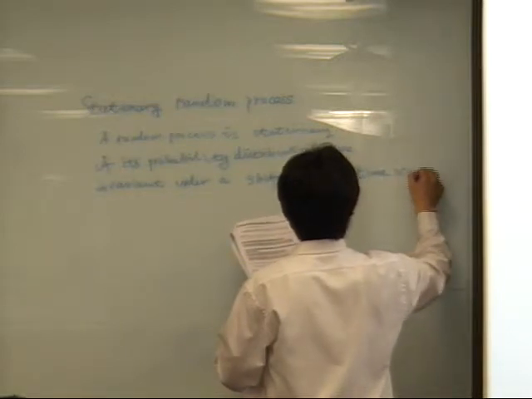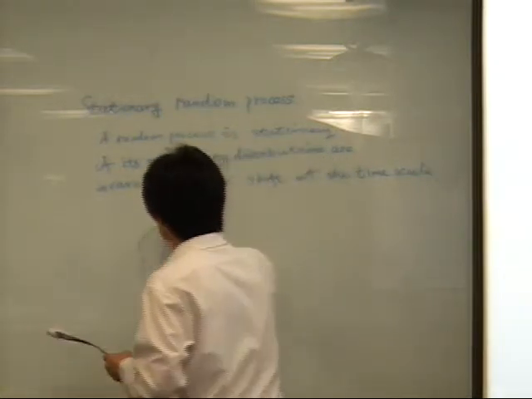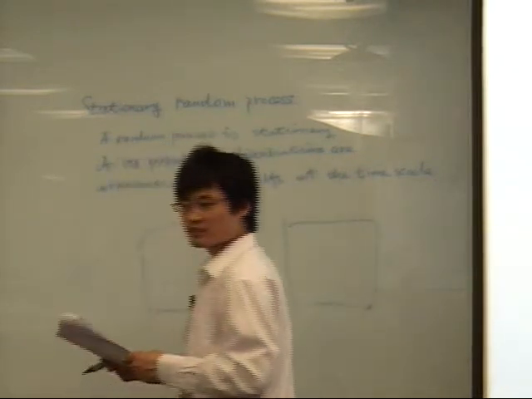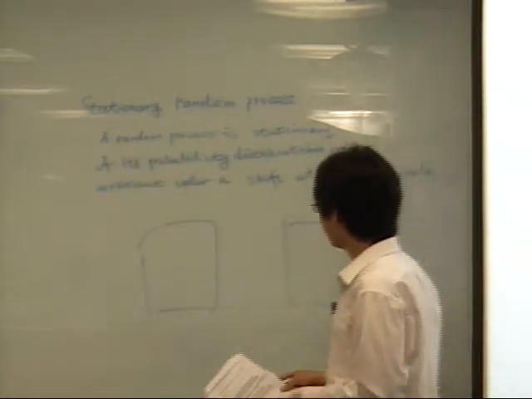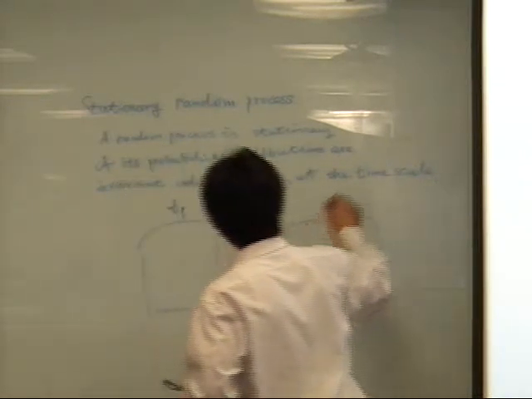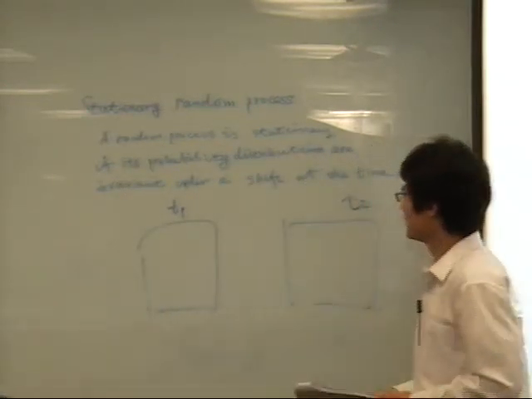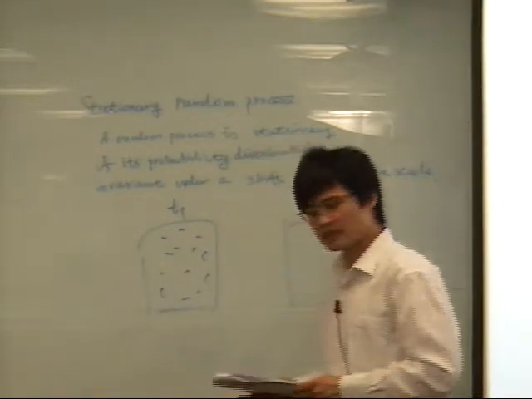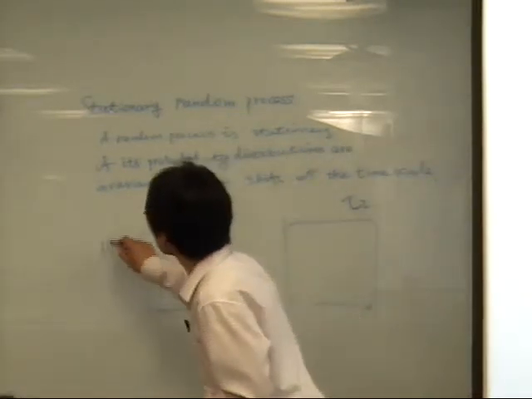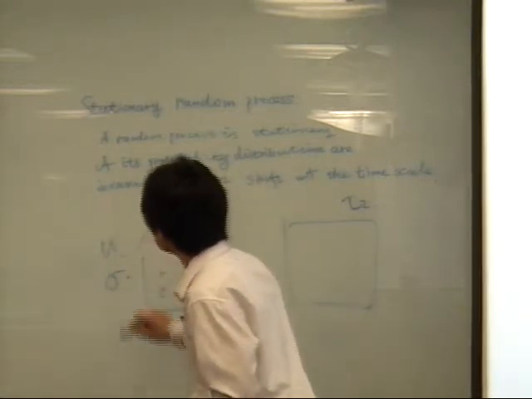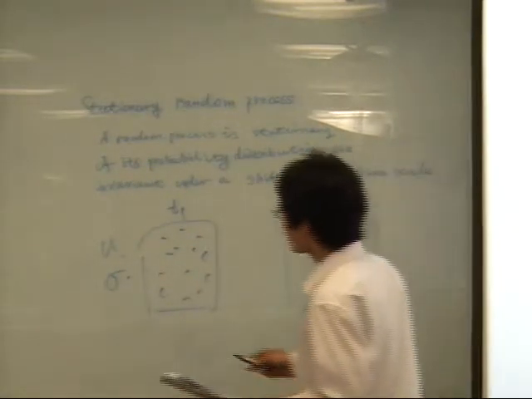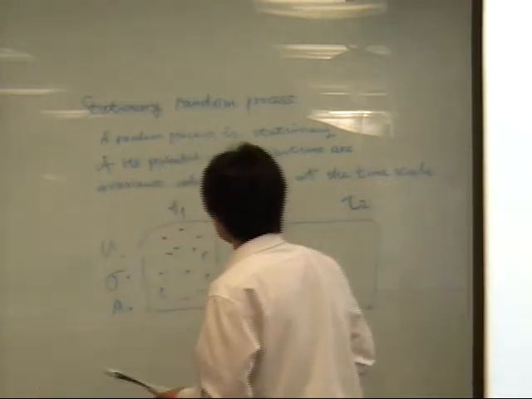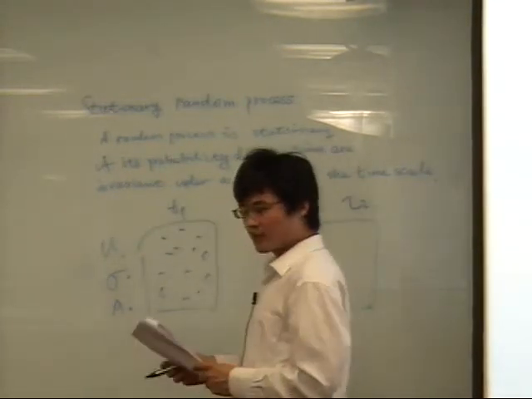What does that mean? I have two snapshots, seeing from the top. This is 1, this is 2. So I have many measurements here. I do statistical analysis. I have the mean, I have the variance, I have the correlation or whatever it is. This is T1, at one time.